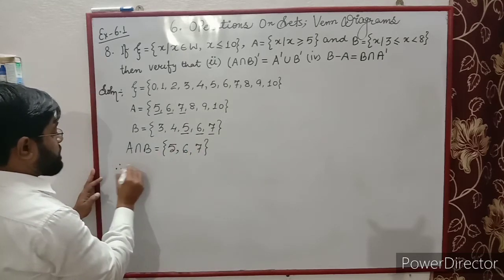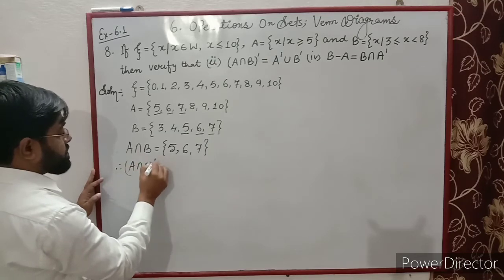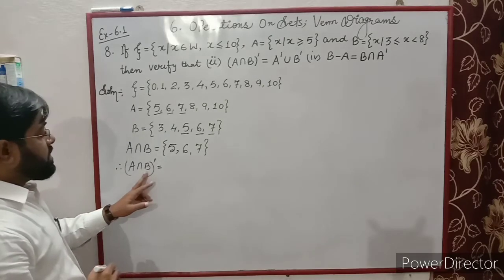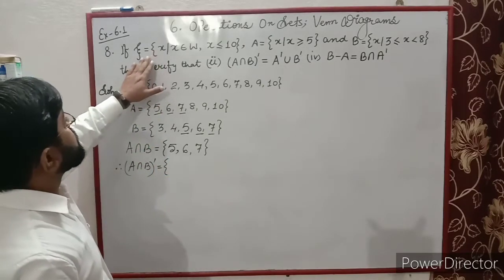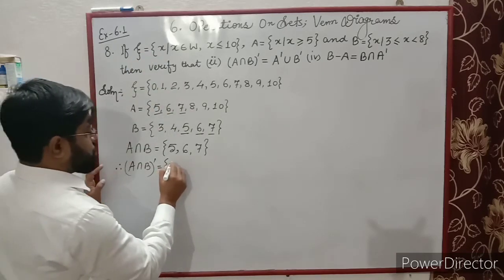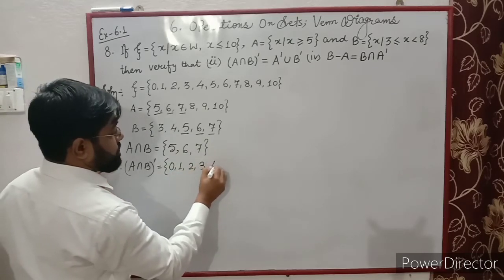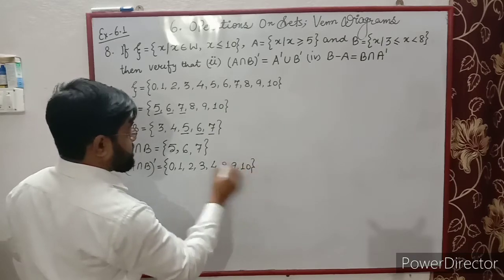Now we have to find complement of A intersection B. Write all those elements which belong to the universal set but not in A intersection B. So 0, 1, 2, 3, 4, 8, 9, 10.